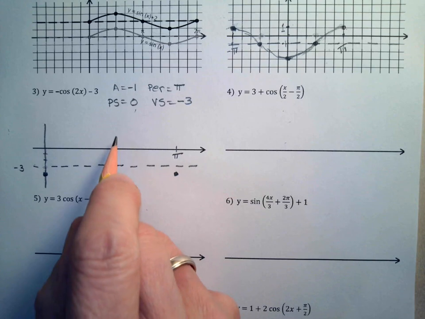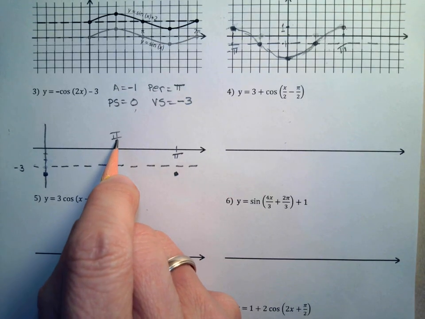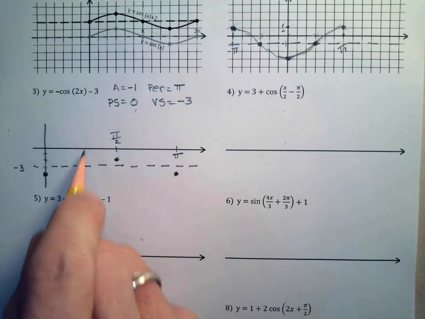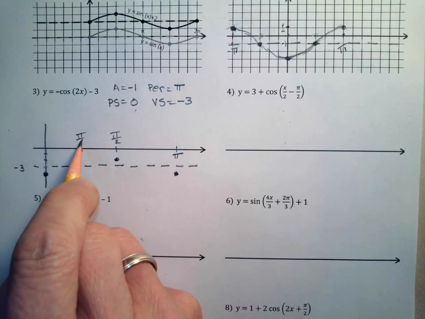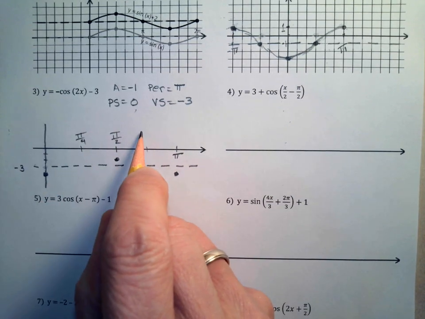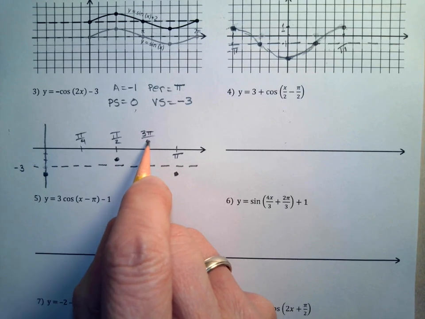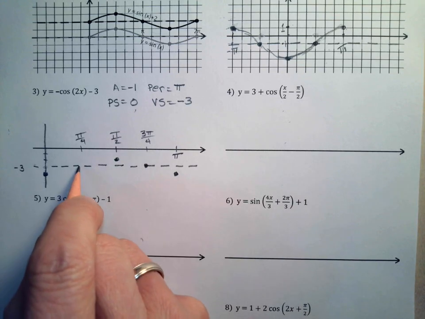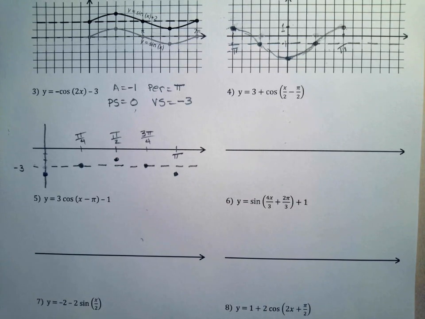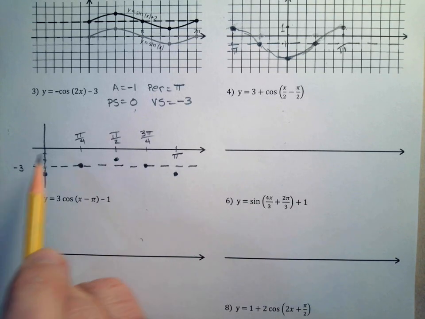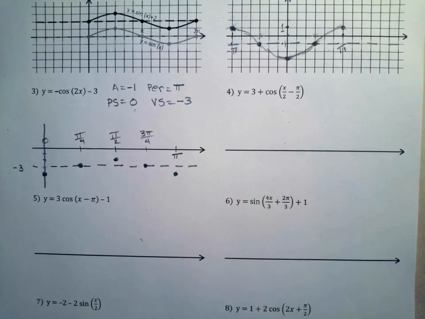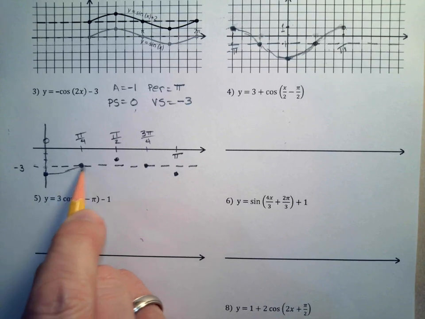Halfway between, pi over 2, and that's 1 above the baseline. And then at pi over 4 and 3 pi over 4, we're on the baseline at both of those. Okay, so you want to clearly mark, of course, where your 5 points are. This, of course, is 0 here, and then sketch that in.